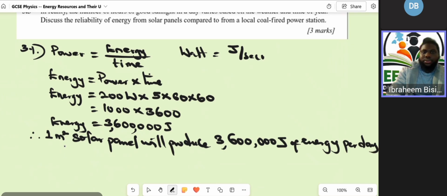So if we want to produce 32,500,000 joules of energy per day, how many of these solar panels will we need?